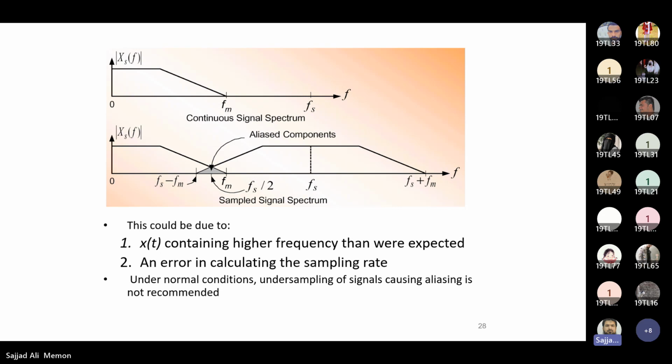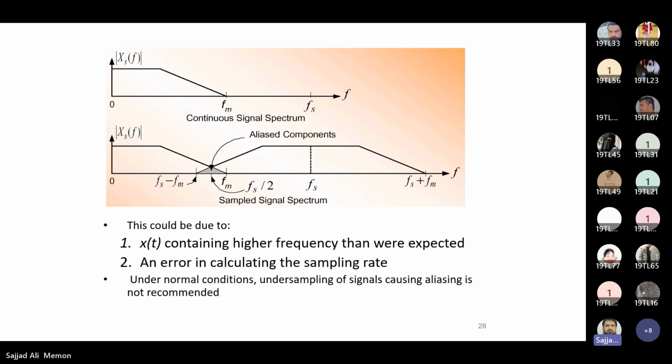So one thing is very much established: undersampling is not recommended because it will cause aliasing. The number two reason can be avoided by not doing the undersampling. So this thing has been established.